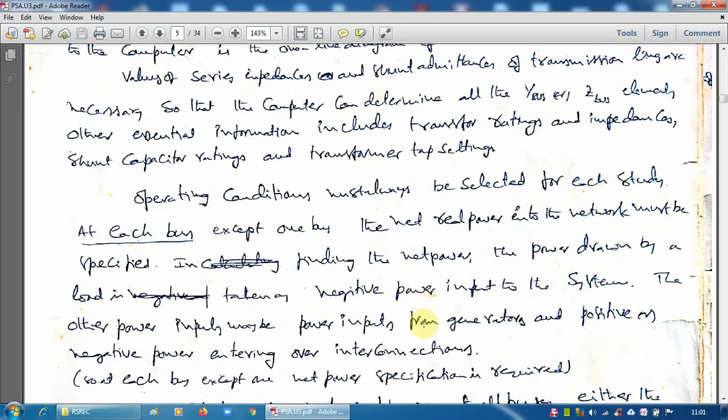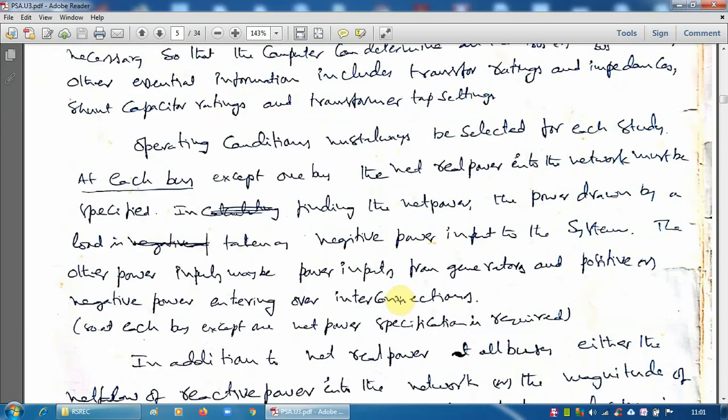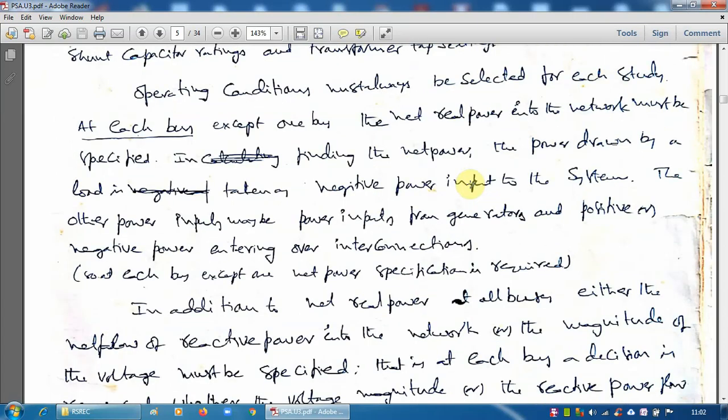That is the net power. Like that we can calculate the net power. That we will anyhow see in the later part of the discussion. You remember that at each bus net real power P is to be specified or is to be known. That only you remember now. That is one point. P is to be known.